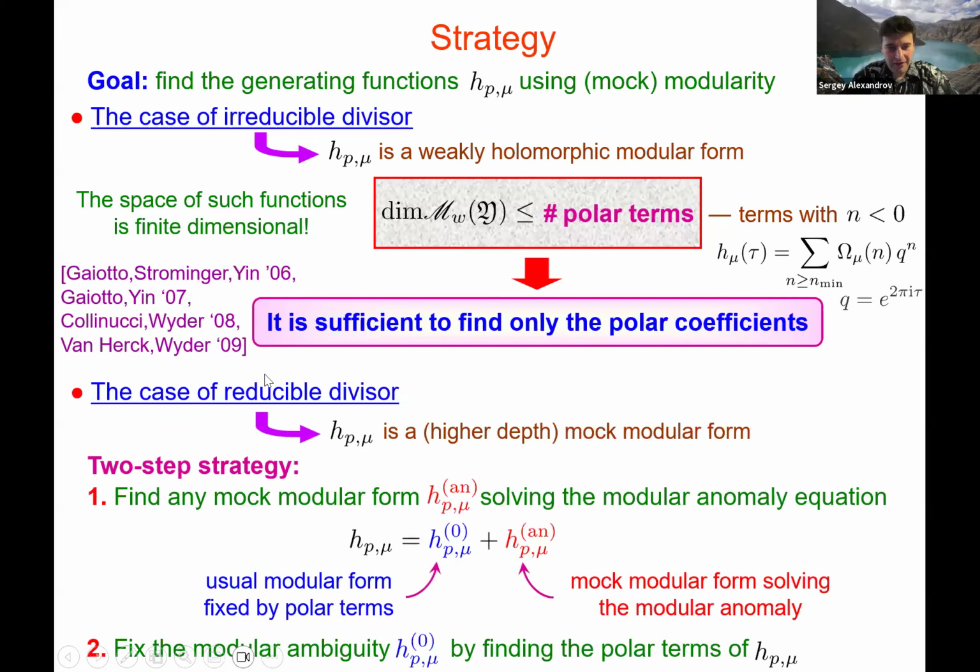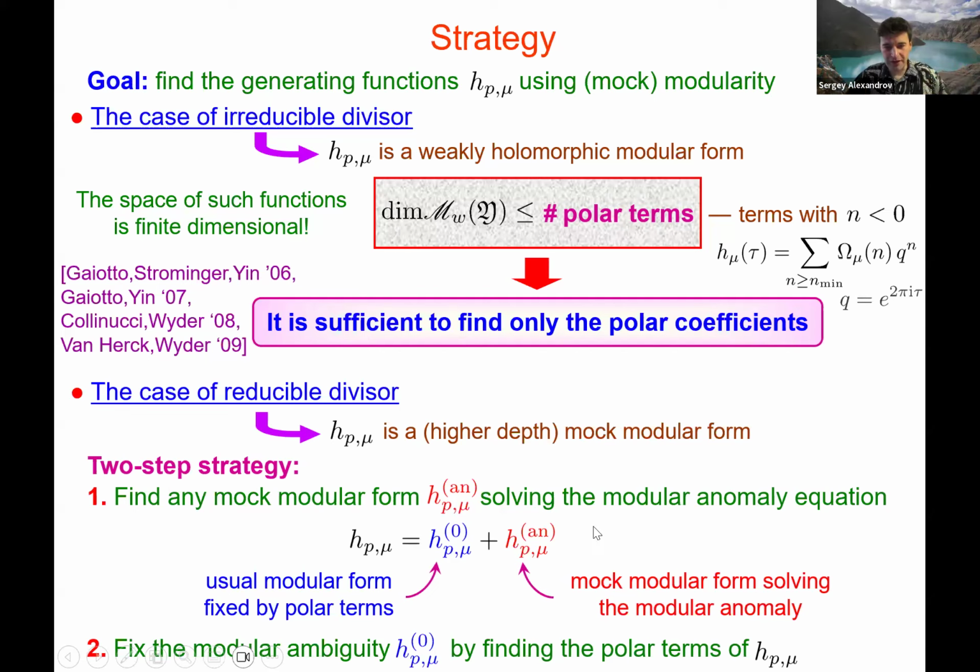Now, the next case is when we take the divisor to be reducible. Then our generating function is a mock modular form, and here this procedure is not enough, and we should proceed in two steps. As a first step, we need to solve our modular anomaly equation and find any solution satisfying this equation.